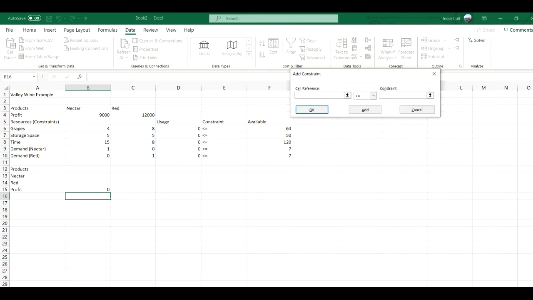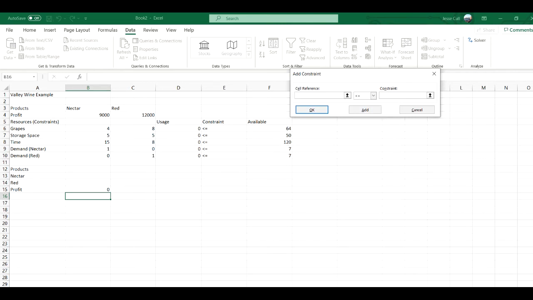The first one is very simply, the total usage must be less than or equal to the total available, D6 and F6. The total of storage space used must be less than or equal to storage space available, D7, F7. The total of time used must be less than or equal to the time available.